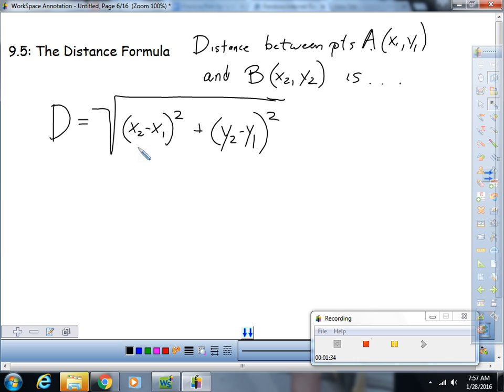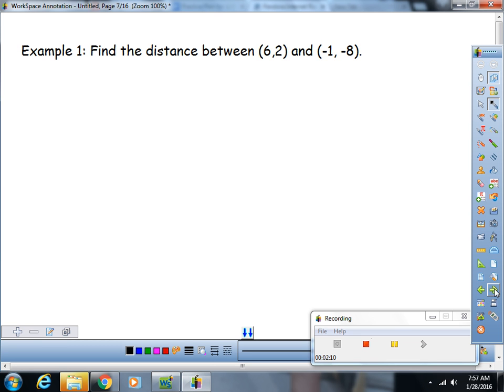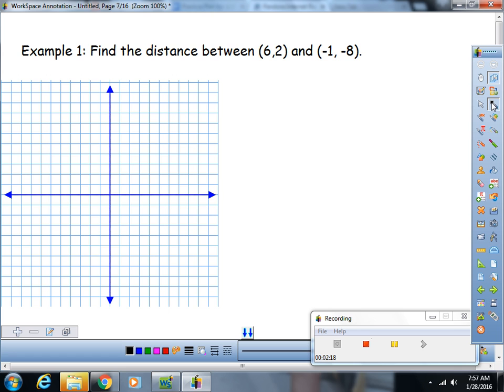Okay, so let's do a couple examples. Find the distance between these 2 points. So, just so you understand what we're doing, let's go ahead and plot these: (6, 2) and (-1, -8).